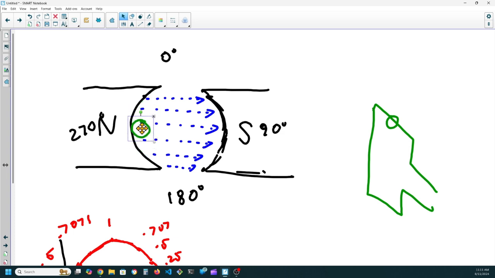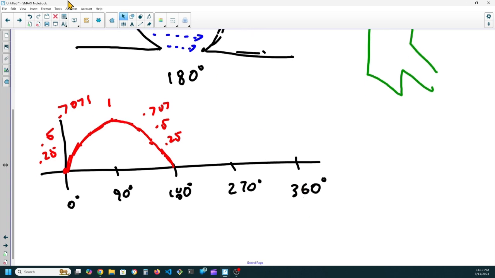But when we get to 270, we're again running perpendicular to the lines of flux, and we're generating the maximum amount of voltage in the opposite polarity. We're generating it in the opposite polarity.